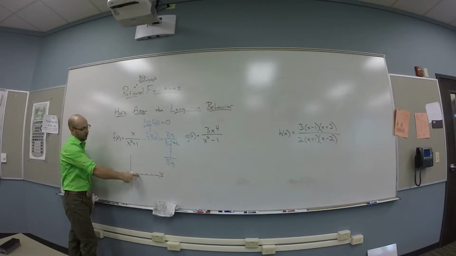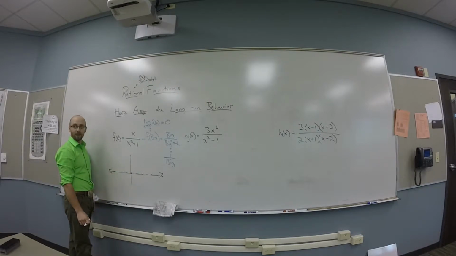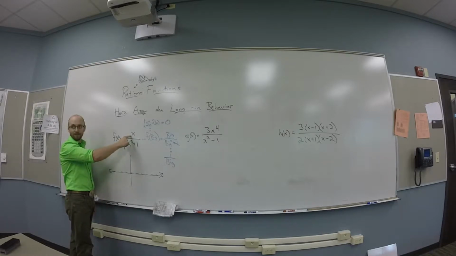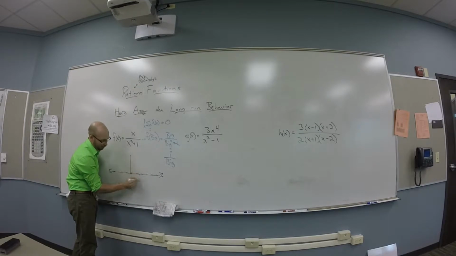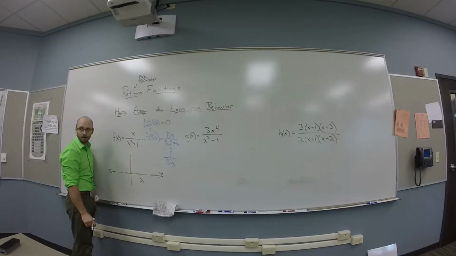So I'm going to pick your favorite positive number: 2.5, 3 halves. So I'm going to get that number divided by that number squared plus 1. Specifically the bottom here is going to be positive. So I've got something over a positive number. Is the top positive or negative?